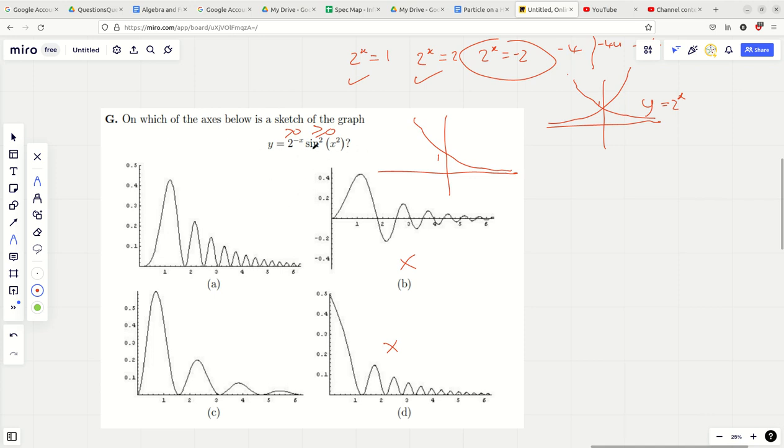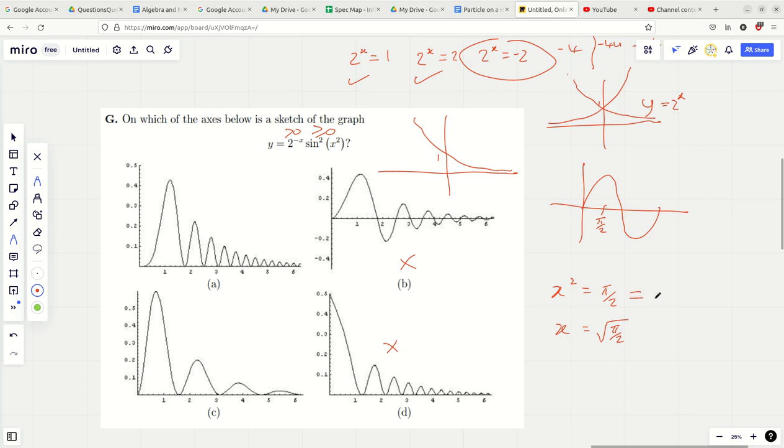It's going to be the sine squared which controls the waviness, if you like. And where do you get peaks and troughs for sine x? Well, the first peak occurs when x is pi over 2. So I thought, well, I'll need x squared equal to pi over 2, in which case x is going to be root pi over 2.